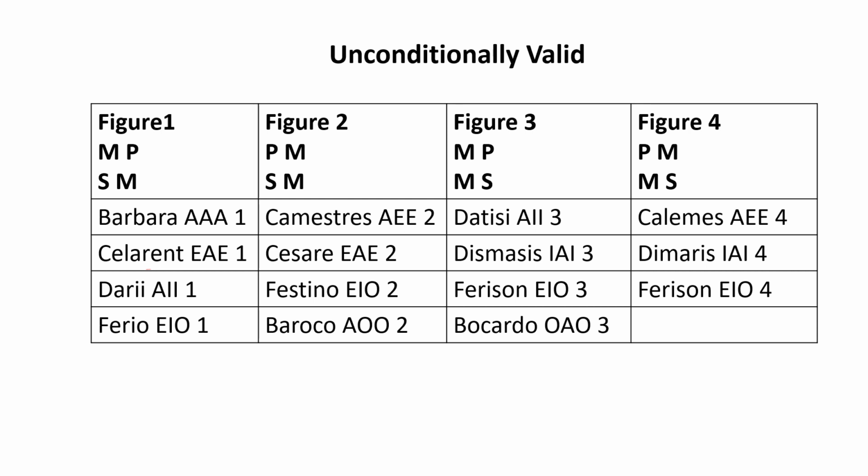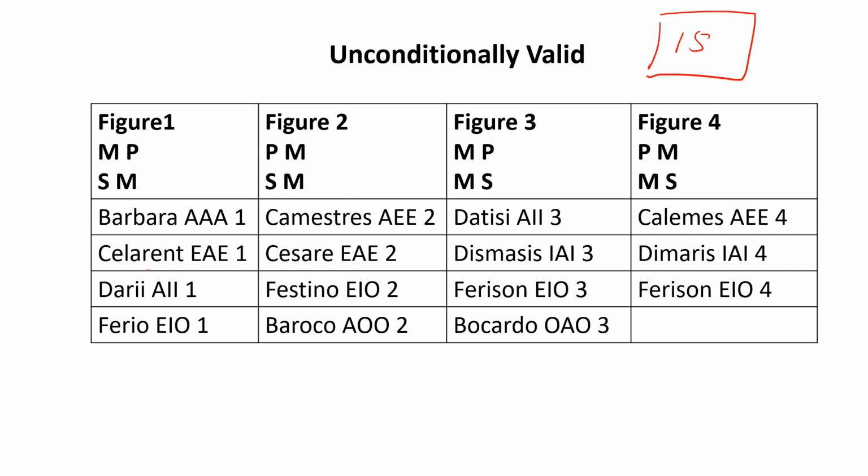Cesare, Camestres, Festino, Baroco. For figure 3 you have Datisi, Disamis, Ferison and Bocardo. For figure 4 you have Calemes, Dimatis, Fresison. So like this, if you count them, this is a total of 15 unconditionally valid syllogistic forms.